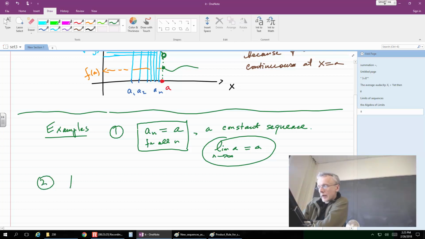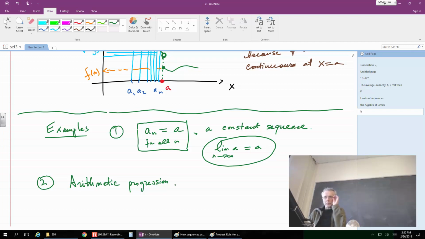Number two is the arithmetic progression. The arithmetic progression comes primarily from motion at a constant speed, which means that over the same period of time you move forward by the same distance.